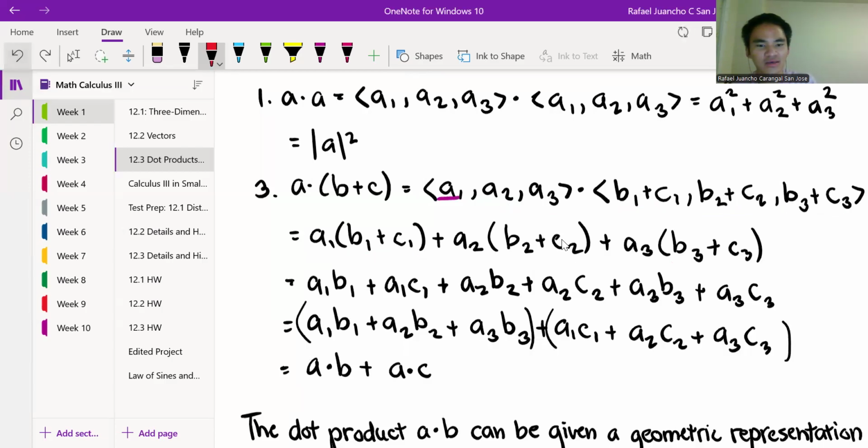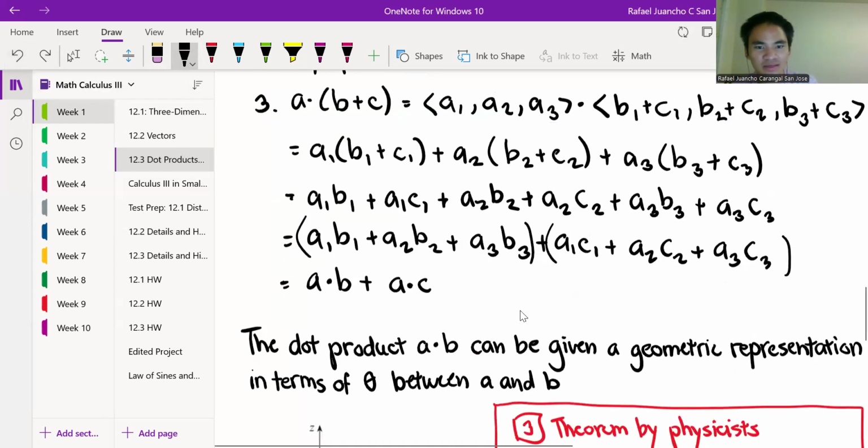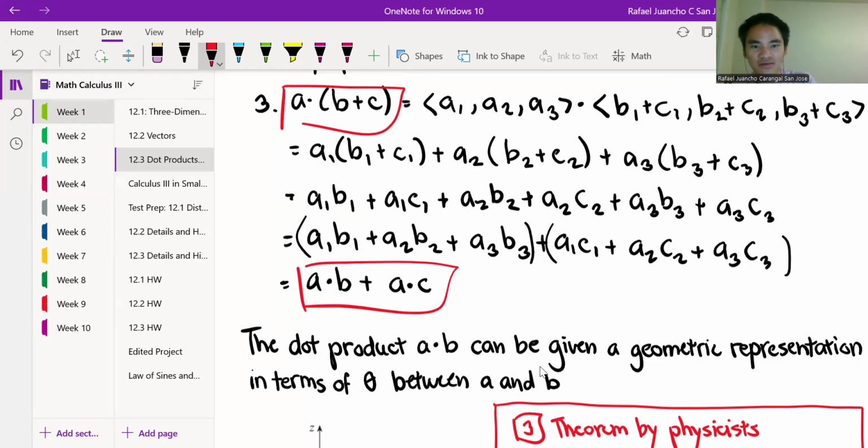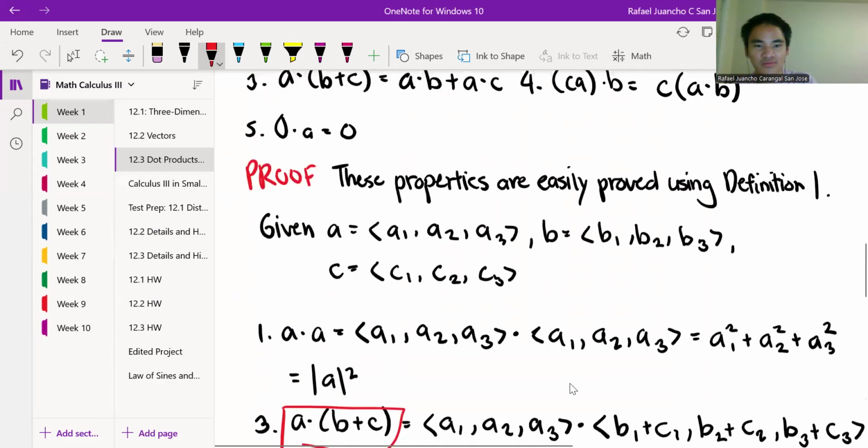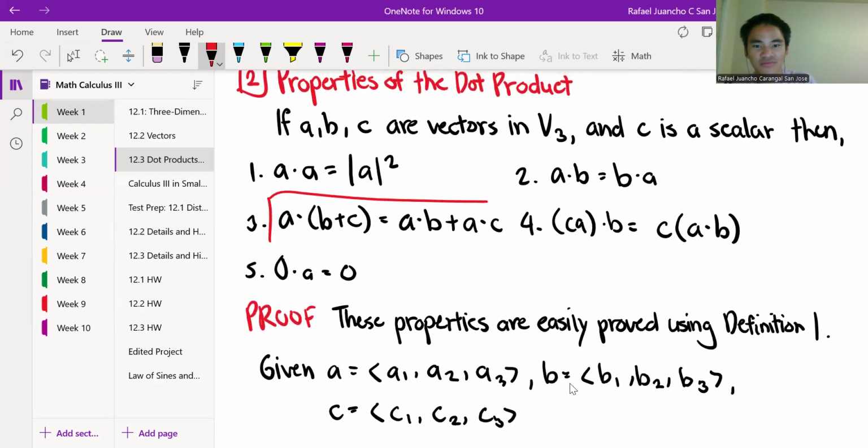And then we eventually got to the conclusion that A times B plus A times C is basically this thing, which we showed above. So that's that.